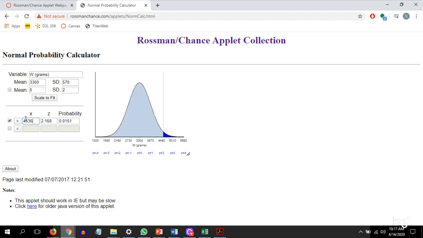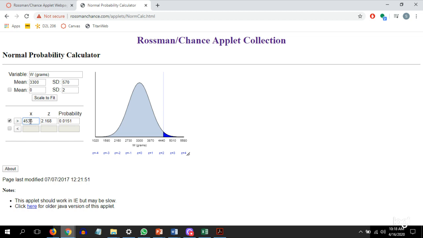You can see that a baby weight of greater than 4536 grams is a very small likelihood, right? And that actual probability is 1.5%, which we calculated by hand a little bit ago. So there's that answer quickly, and now let's do 3,000 to 4,000.